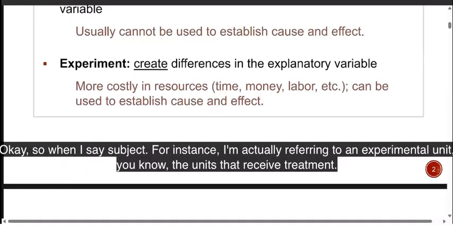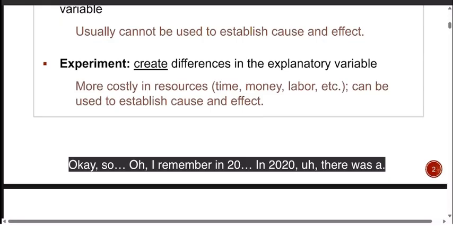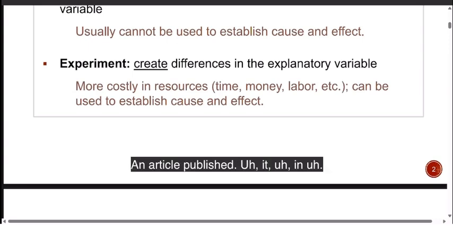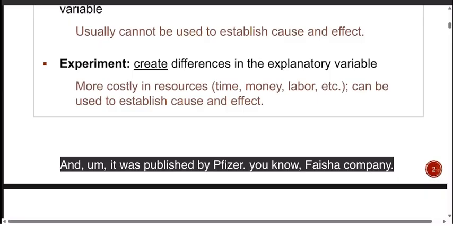When I say subject, I'm actually referring to an experimental unit, the units that receive treatment. I may be talking about observations, maybe patients. I remember in 2020, there was an article published in the Weekly Journal of Medicine in the state of Massachusetts, and it was published by Pfizer.